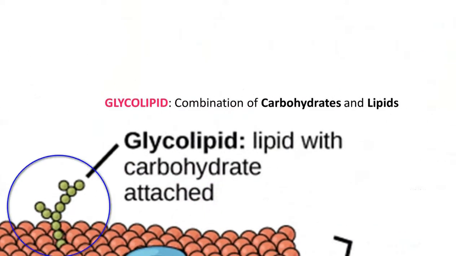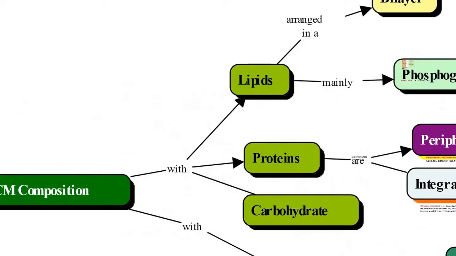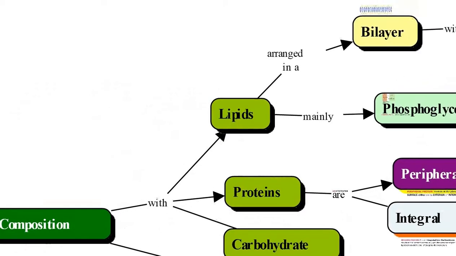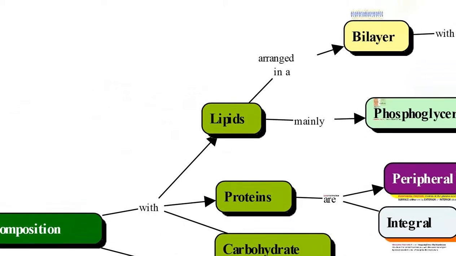Glycolipids are also present in the plasma membrane. These glycolipids are molecules that are a combination of carbohydrates and lipids. So these are the major components of the cell membrane.